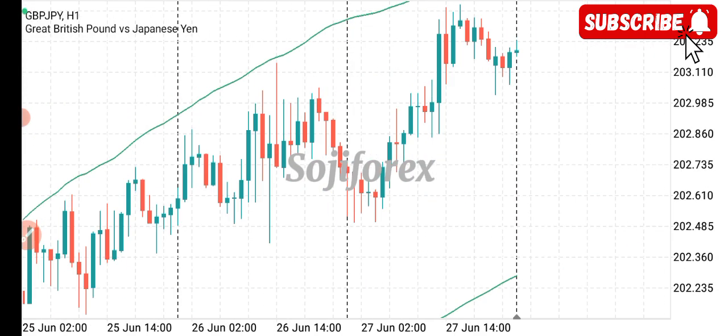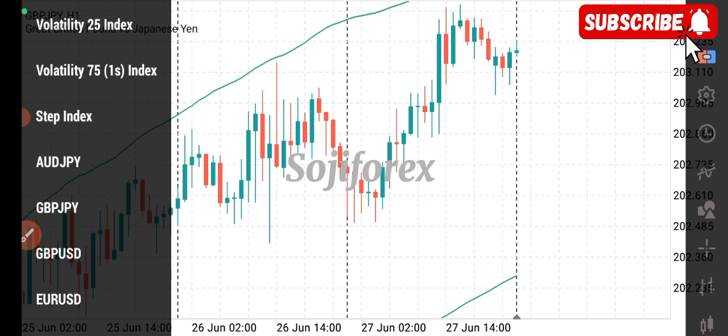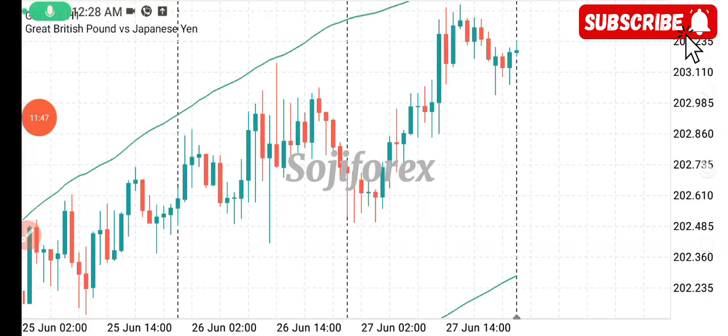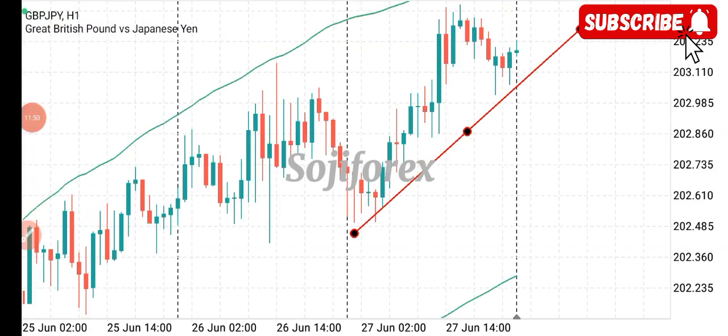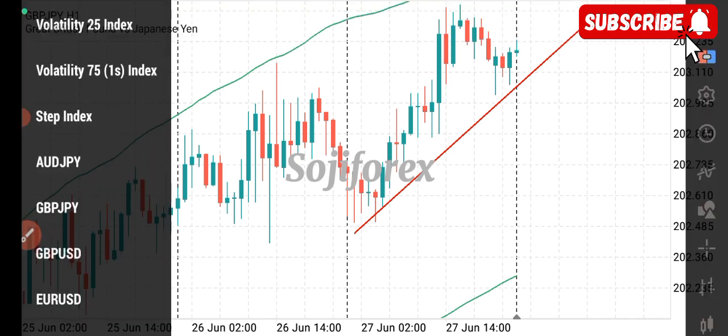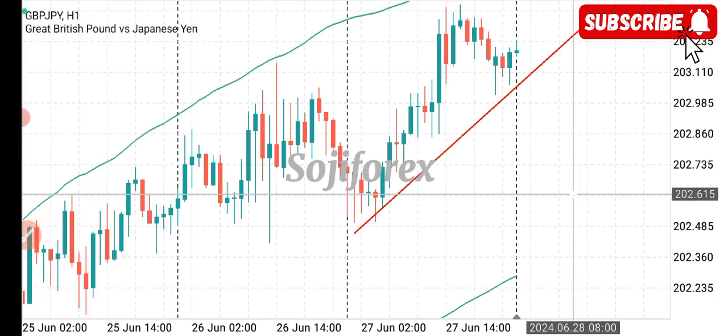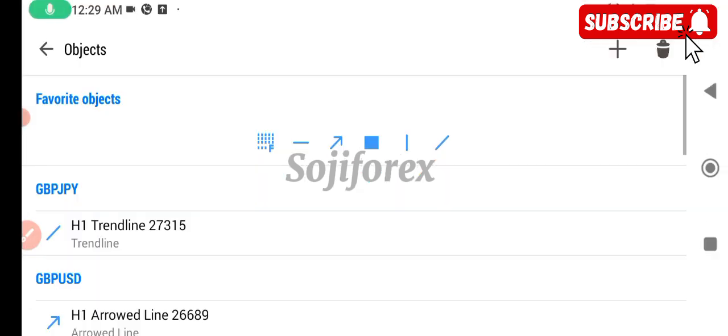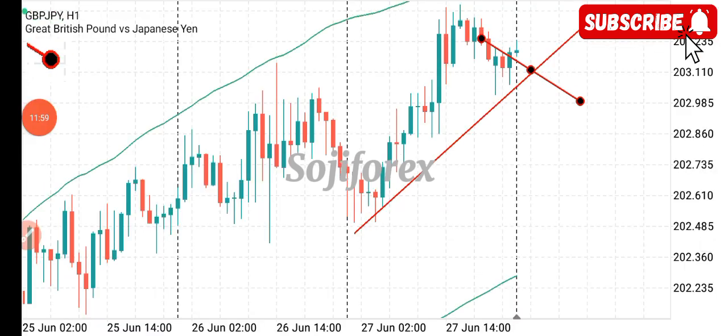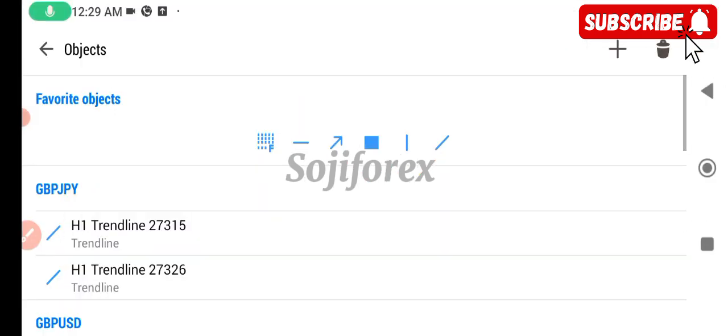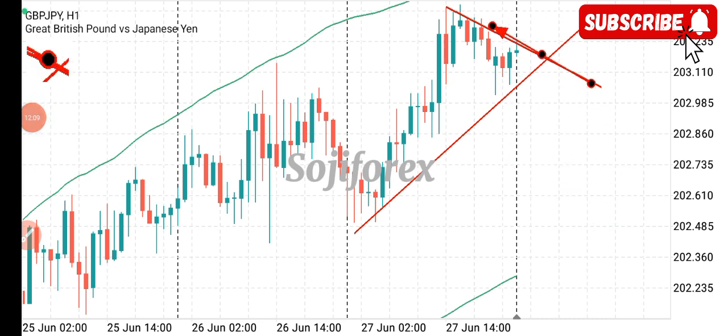Okay, this is GBP JPY, and here you can see the beauty of what I am talking about. So in this particular trade of GBP JPY, this is what I'll be doing. So immediately price break out of my trend line here, I'll be having my buy entry here, provided price did not close.